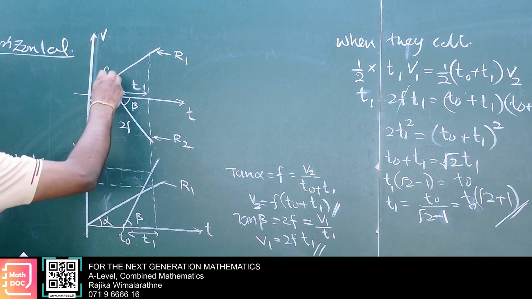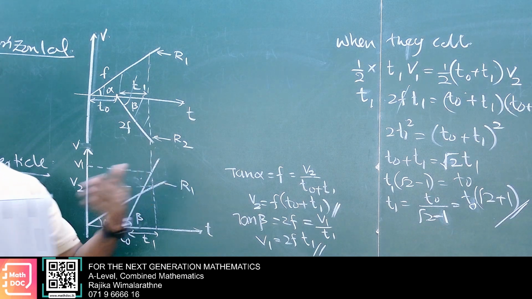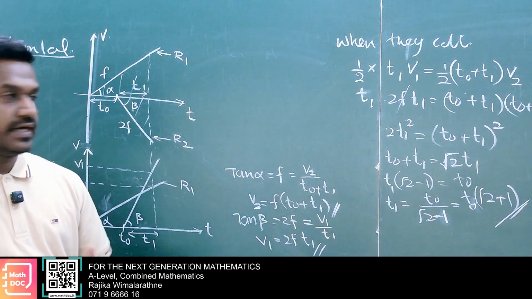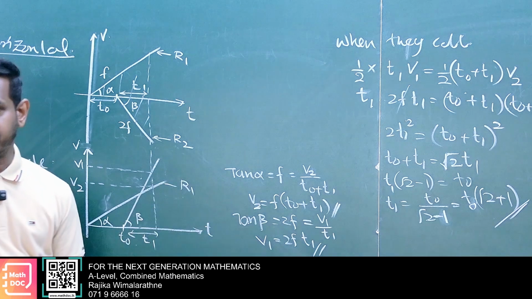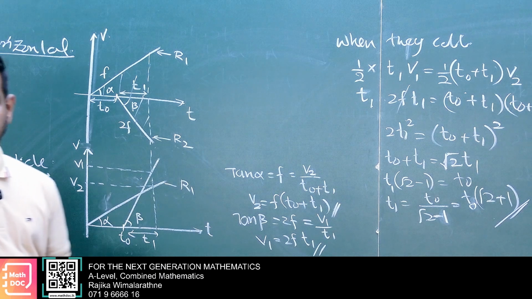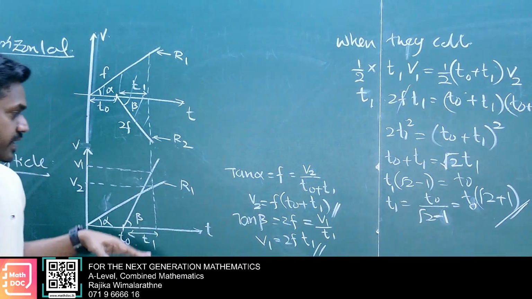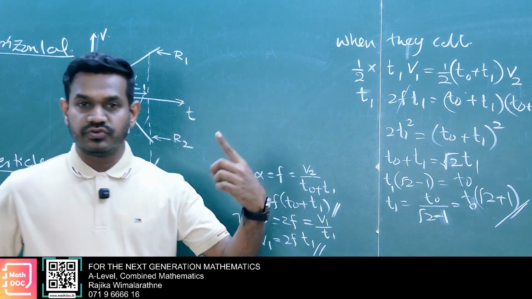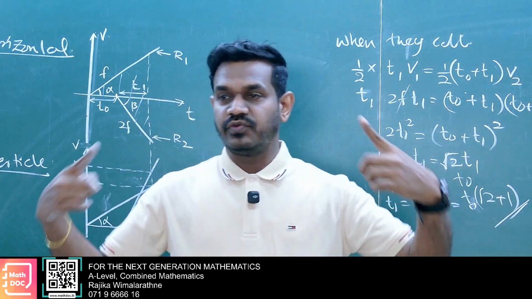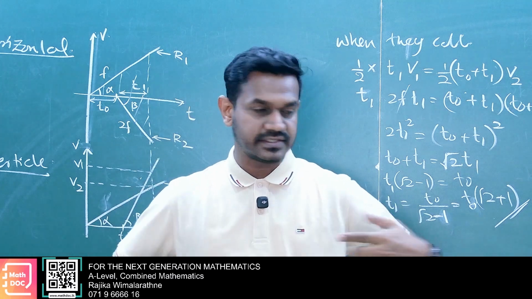Then the AB displacement is given by this area. For the AB displacement, you add the horizontal displacements. Consider the first practical case. Here two rockets are launched, and they move face to face: vertically in the same direction, horizontally face to face.